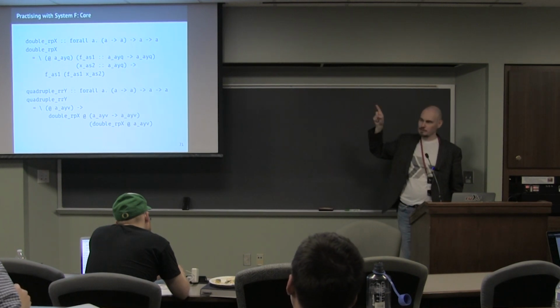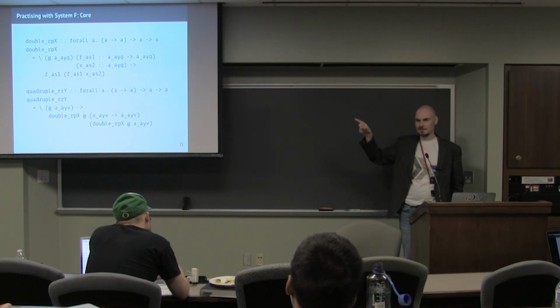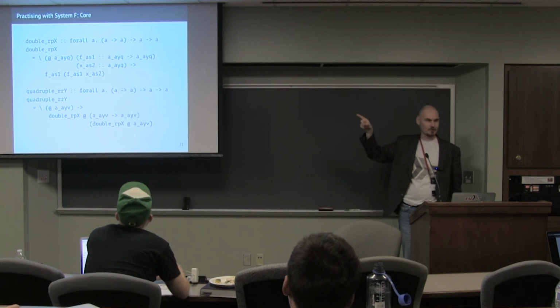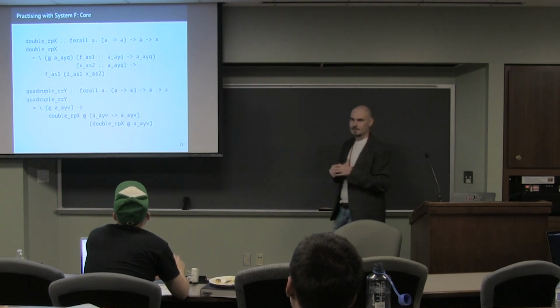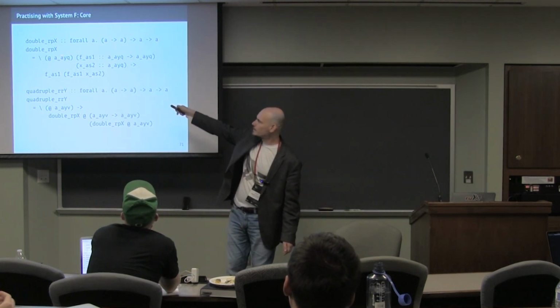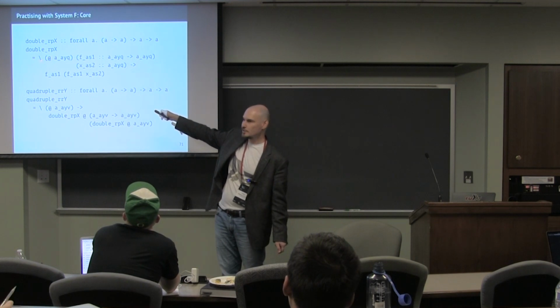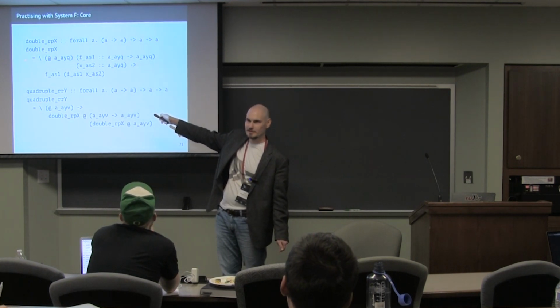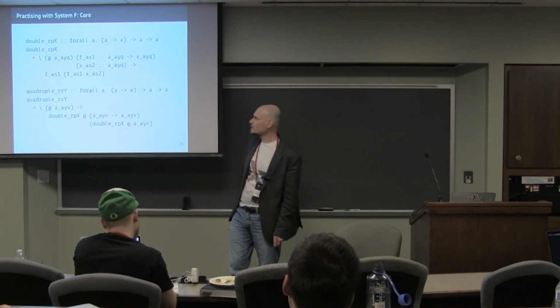Can you see type application here? Where is type application? There are no square brackets. Exactly. This @ here is GHC Core syntax for type applications. So it's exactly type application.